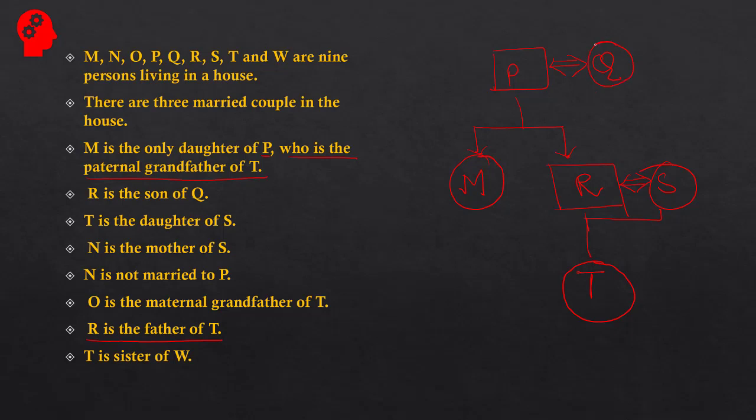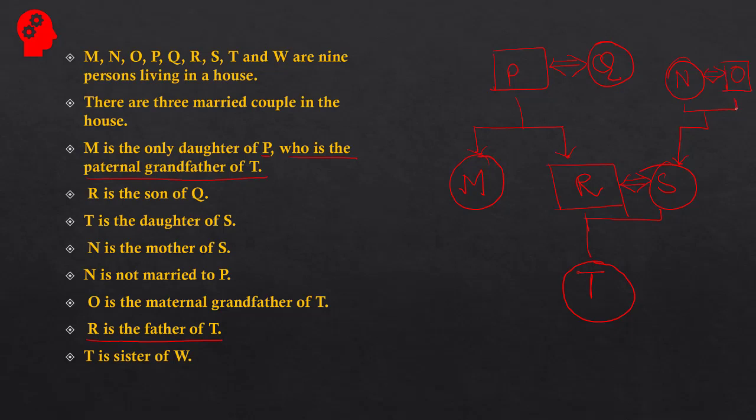N is the mother of S. N is not married to P. O is the maternal grandfather of T. Now what do we mean by maternal grandfather? Father of my mother. So T's mother is S and S's father would be O. Okay.